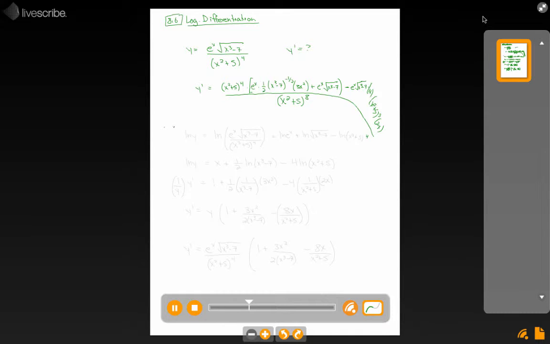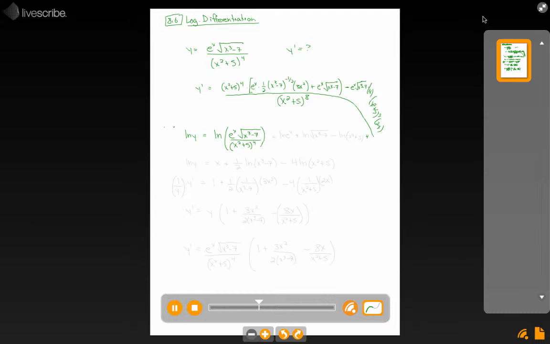The question is made much easier if I try taking the natural log of both sides. So if y equals this big thing, then the natural log of y should equal the natural log of this big thing. At first, that looks like I've just made it more complicated. But let's see how nicely the log rules pull apart that huge complicated function.